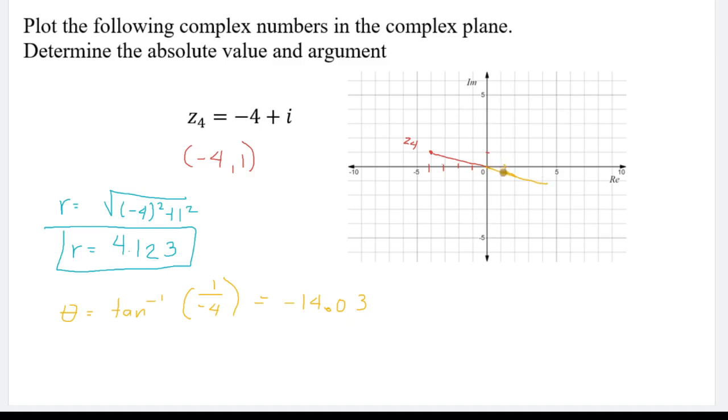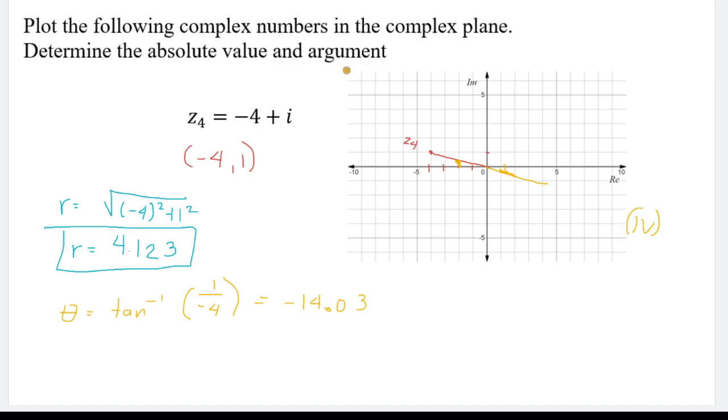Negative, di ba? So negative 14.03 degrees yung angle natin neto. So ano yung sabihin yan? So negative 14.03 degrees is also equivalent dito. Kaya lang sabi natin, hindi naman pwedeng negative 14.03 degrees yung ating angle kasi dito mapapunta sa ating fourth quadrant yung sagot.